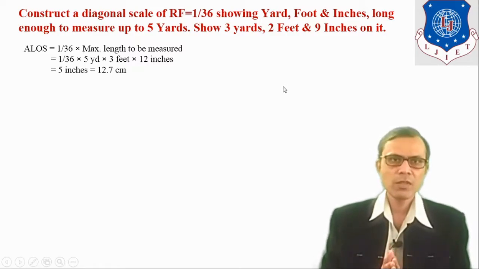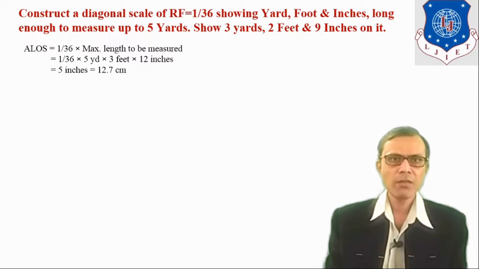So first of all, try to identify the given data. RF is given clearly. It is equal to 1 by 36. The 3 units are yard, foot and inch. From these 3 units, the biggest unit is yard, the smaller unit is foot and the smallest unit is inch.